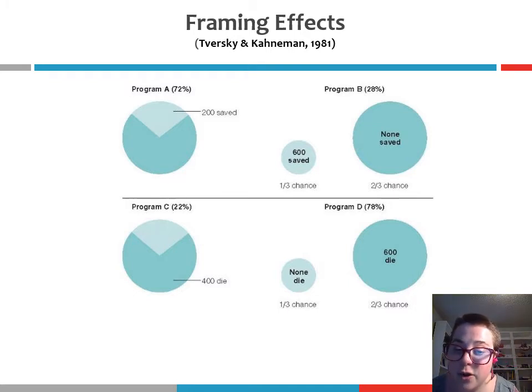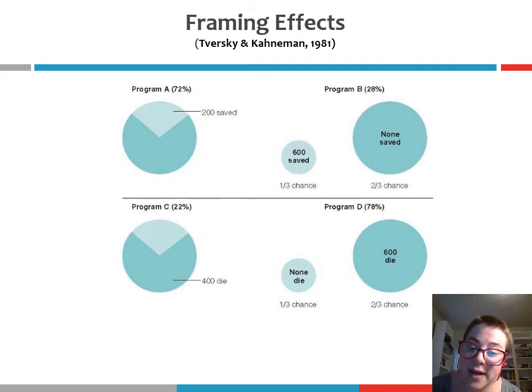So because the question or the choices given are framed in terms of benefits or in terms of gains, people want certainty, right? So when people are thinking about the possible benefits or gains that they'll incur by adopting a particular strategy, they want the outcome to be as certain as possible.